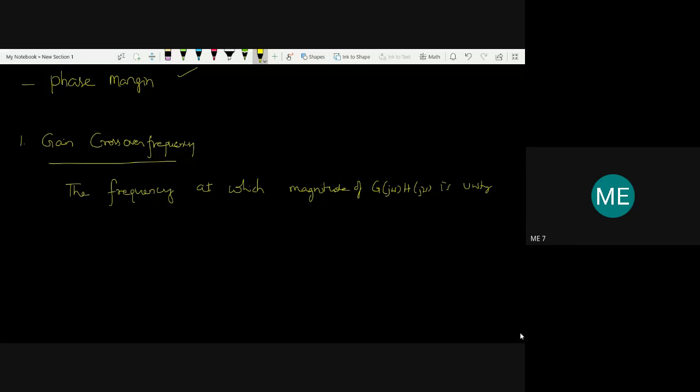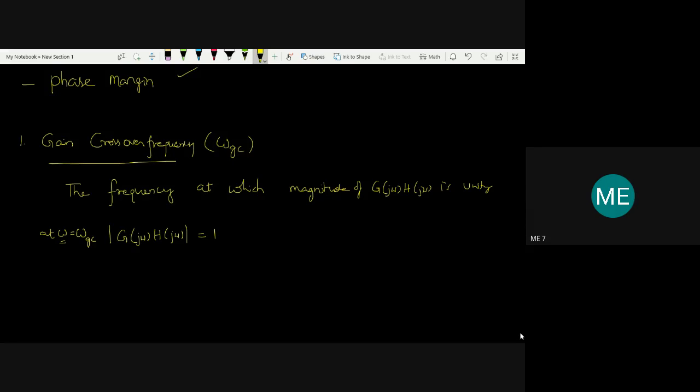Means I can say mod of G(jω)H(jω) is equal to 1 at ω equal to ωgc. It is the frequency at which the gain crossover frequency, I'll represent as ωgc.